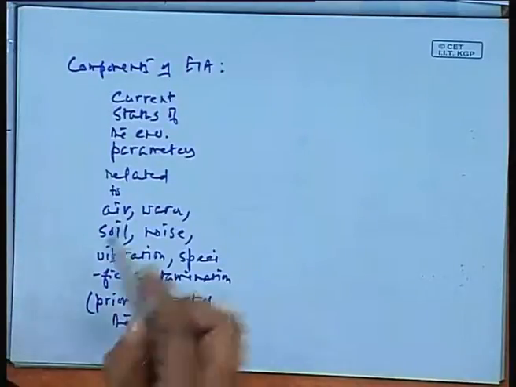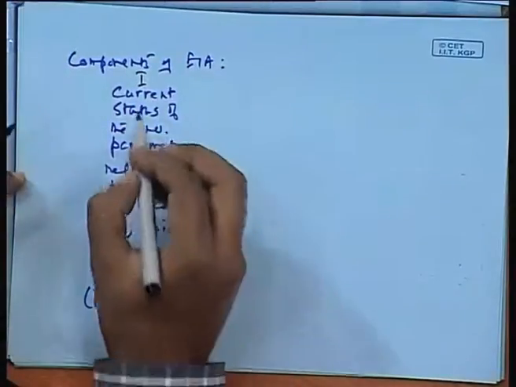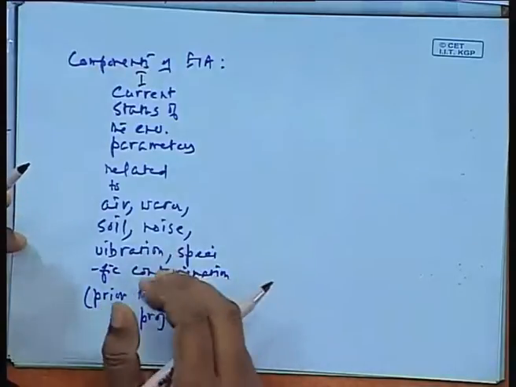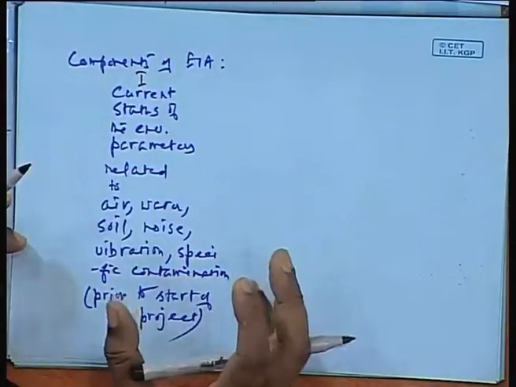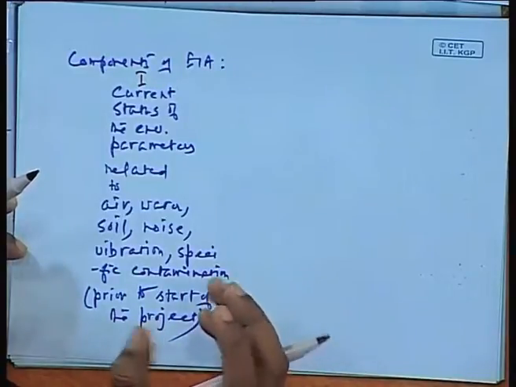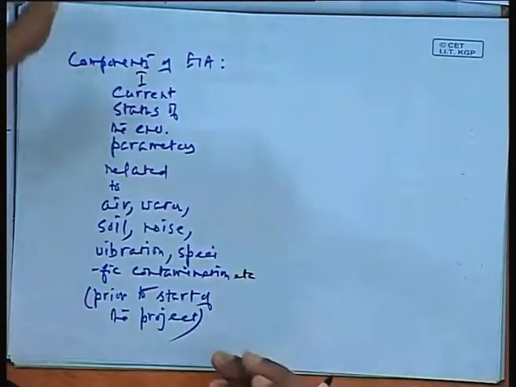What you first find out are the stages or components, say stage 1 or component 1. The most important thing is to obtain the values of the current status of environmental parameters related to air, water, soil, noise, vibration, specific contamination, etc., prior to the start of the project.